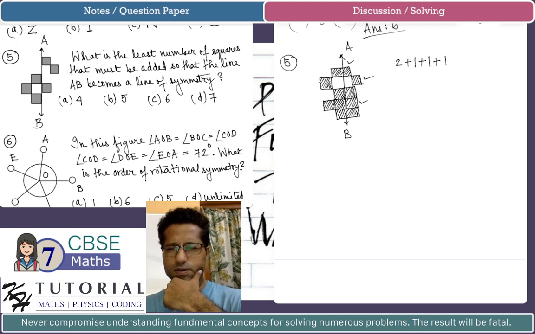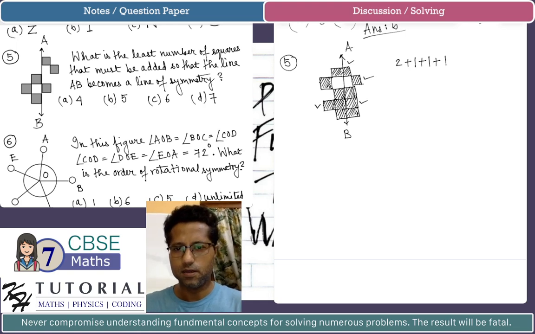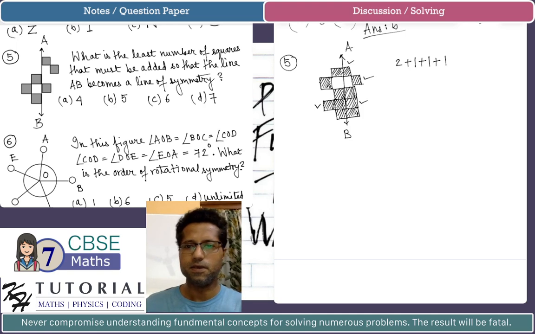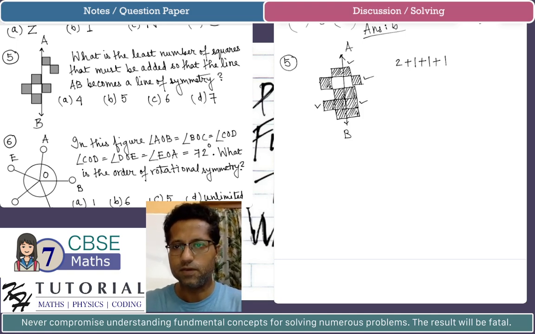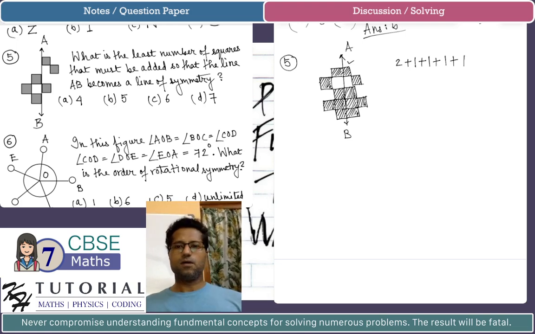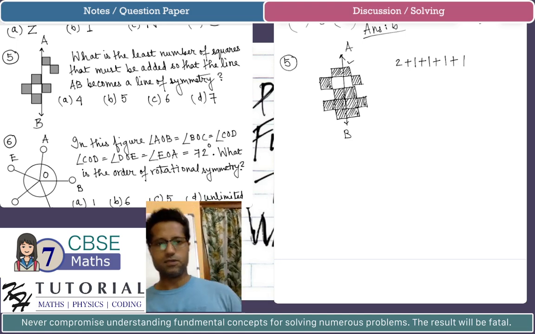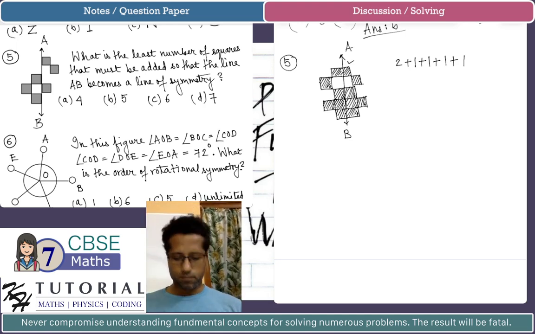Now the figure is more or less looking the same, but I just need to add the square corresponding to the one to the right of the tick mark I just made, on the right hand side of the straight line AB. So for that we have to draw the final square, I guess, which will be this square. We have added one more square, and now I hope this figure is looking identical on both sides.